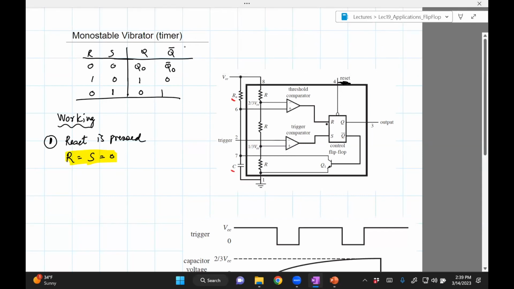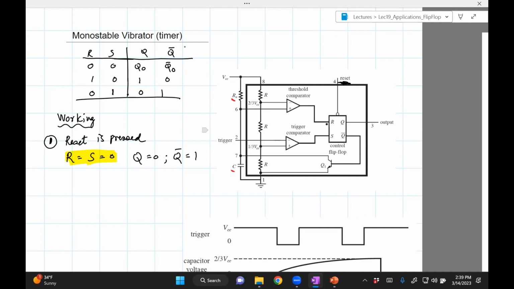Okay. A consequence of setting RS equals 0 is that Q will be 0. Okay, so this is something which does not exist here because traditionally RS flip flop doesn't have the reset, but this one does. And pressing the reset will actually give you the following output.